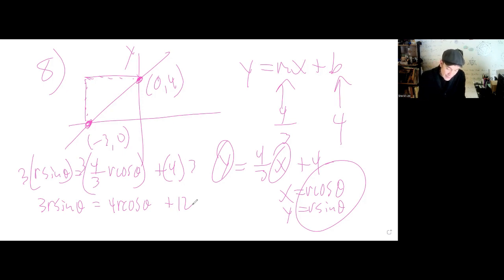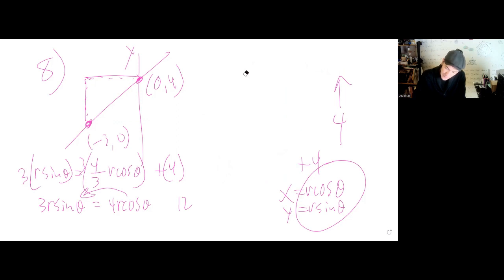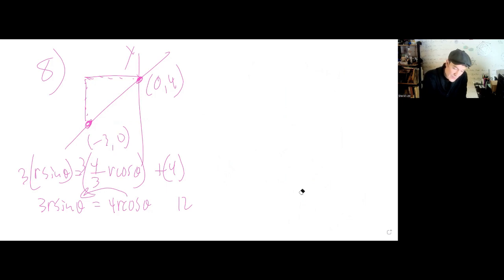So to do that, move this piece to the other side. Subtract anything that has an r, move it to the other side. So we would have 3r sine minus 4r cosine is 12. Then factor out r as a common factor.